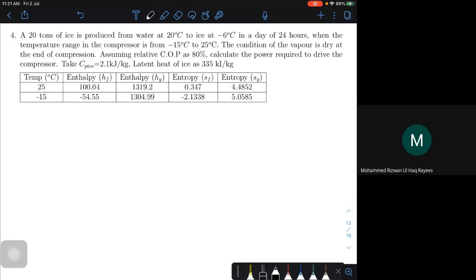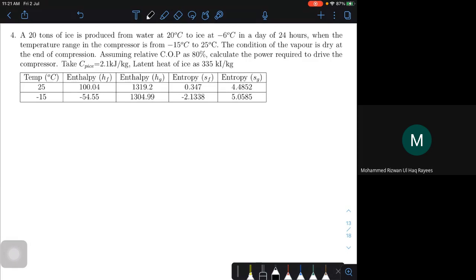Most of the time nowadays, instead of asking you to refer to refrigerant tables, we give the table in the numerical itself so that it becomes easy for you. One is at the lower temperature and the other at the higher temperature. I'll show you the TS diagram and the corresponding pH chart, and how these things work.